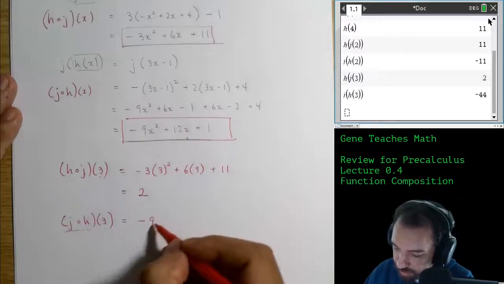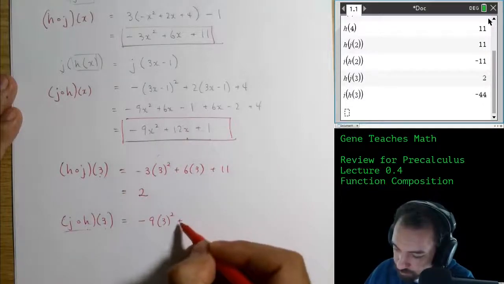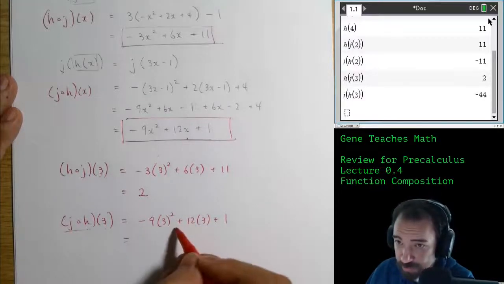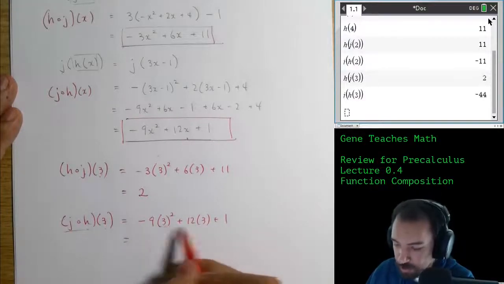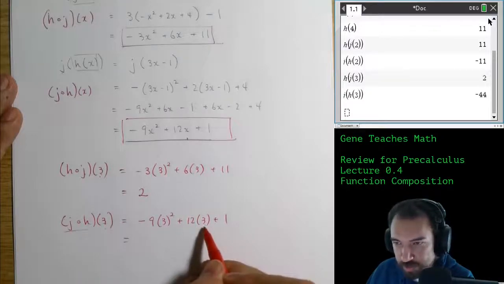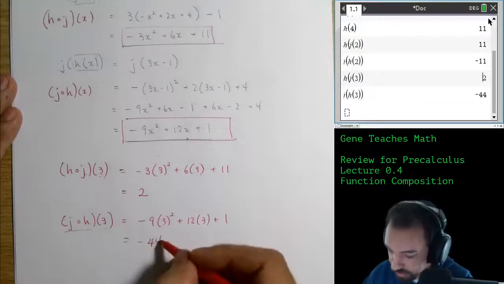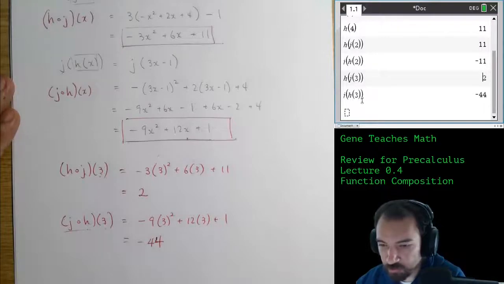That would be negative 9 times 3 squared plus 12 times 3 plus 1. So that's negative 9 times 9, which is negative 81, plus 36, which gets me negative 45, plus 1 is negative 44. And that is indeed what we see on the screen here with j of h of 3.